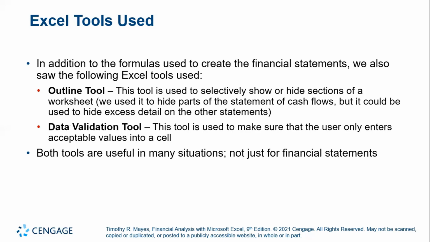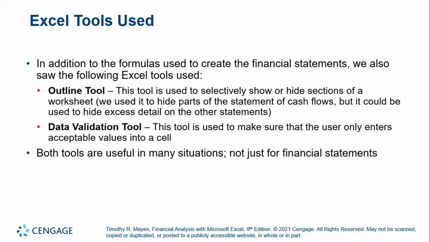Excel tools used. In addition to the formulas used to create the financial statements, we also show the following Excel tools. Outline tools: this tool is used to selectively show and hide sections of a worksheet.